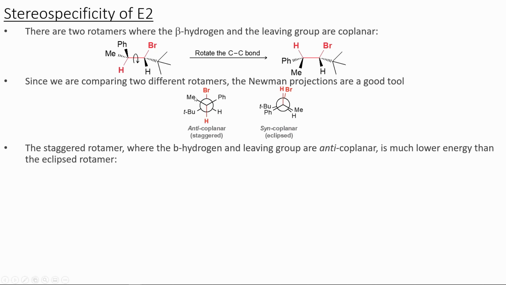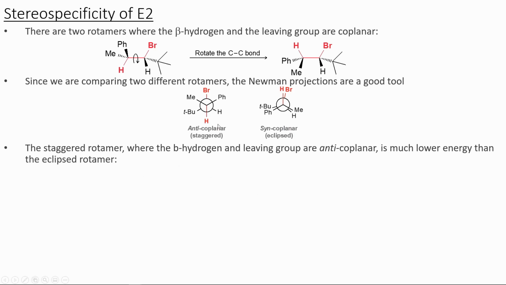The relative energy of these two Newman projections is going to be in favor of the anti-coplanar, right? The staggered conformation is much lower in energy because we don't have these eclipsed interactions between the tert-butyl and the phenyl, the hydrogen and the bromine, and the methyl and the hydrogen. All we have is some of these gauche interactions, which cost us much less energy.